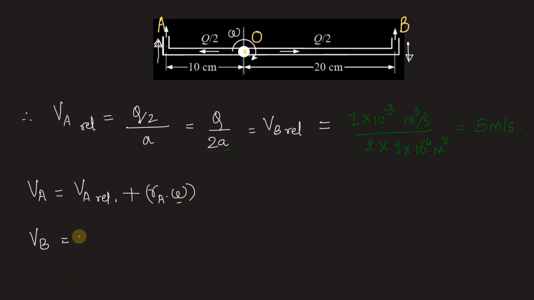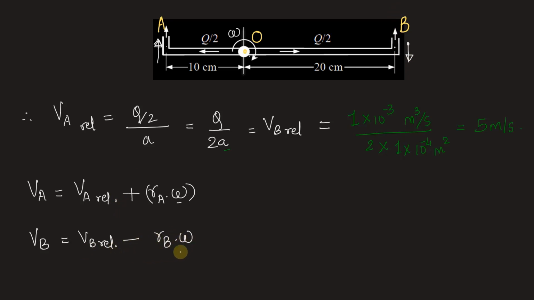Also VB is equal to VB relative minus, this time we have to subtract because water jet velocity is upward and the tangential velocity at point B due to rotation is downward. So the effective velocity we will get by subtracting these two: VB relative minus RB into omega.